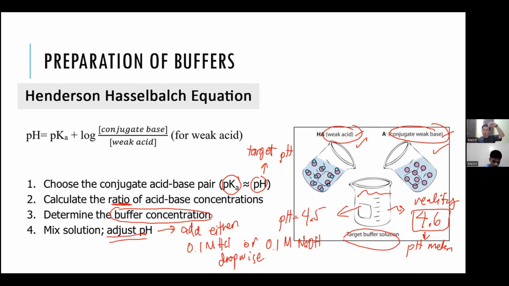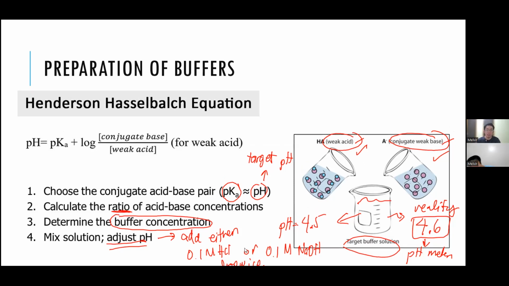Tinitignan mo habang nakababa yung electrode ng pH meter sa solution mo, may continuous stirring, naka-magnetic stirrer. Mag-a-add ka dropwise ng 0.1 molar HCl until you reach 4.5. Pag na-reach mo na yung 4.5, hinto ka na sa pag-add. Tapos, yun na yun. Makukuha mo na ngayon yung target buffer mo with the correct pH. Okay?